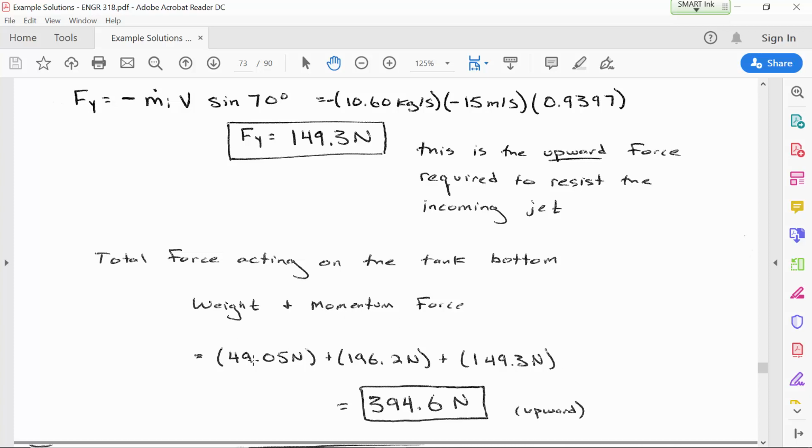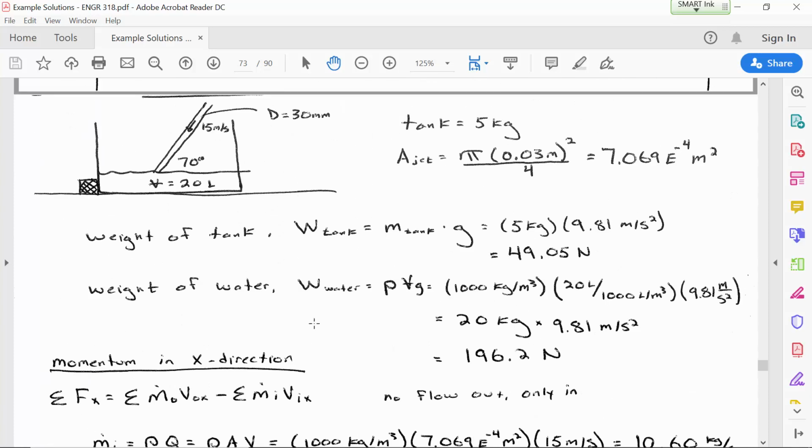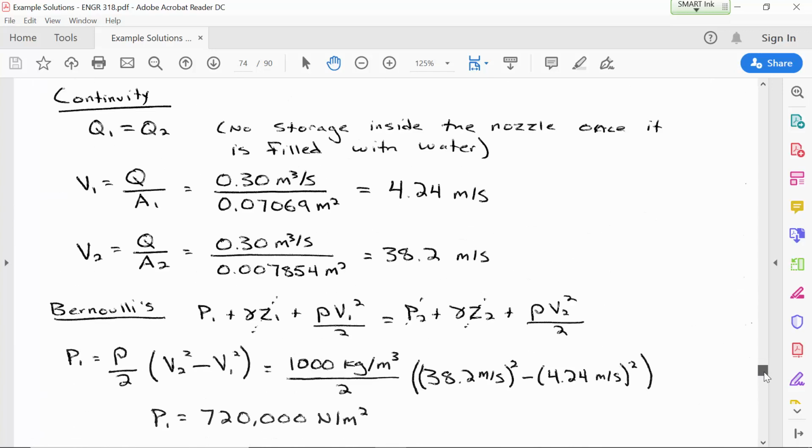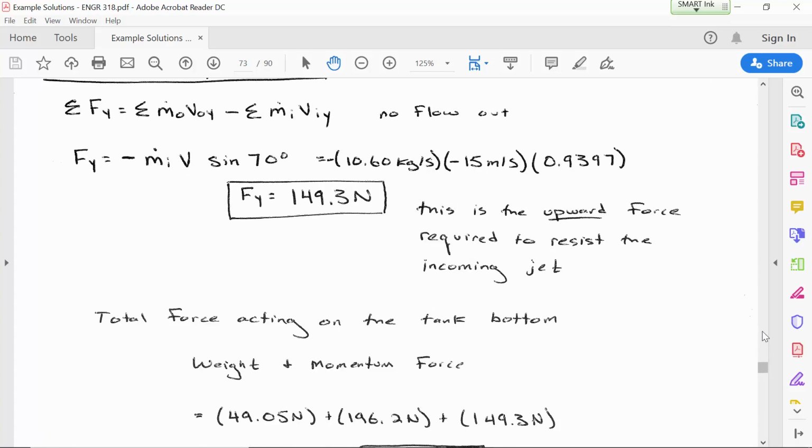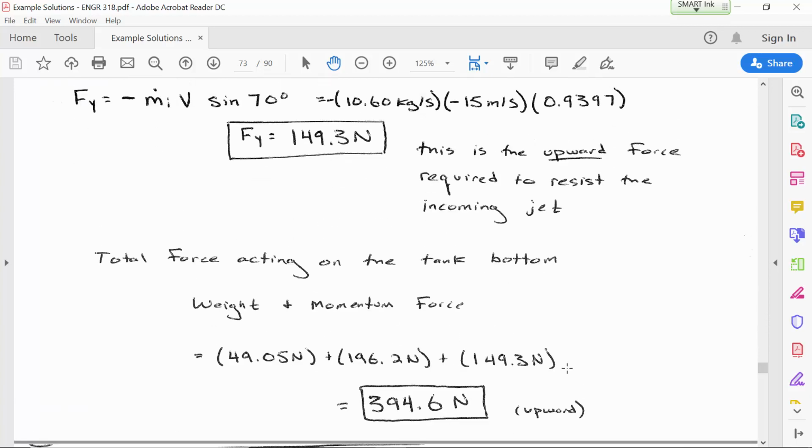The weight of the tank was 5 kilograms, and so we found that that's 49.05 newtons. The weight of the water, 196.2 newtons. So altogether, I overshot. 394.6 newtons, and the direction is up. Any questions about that example?